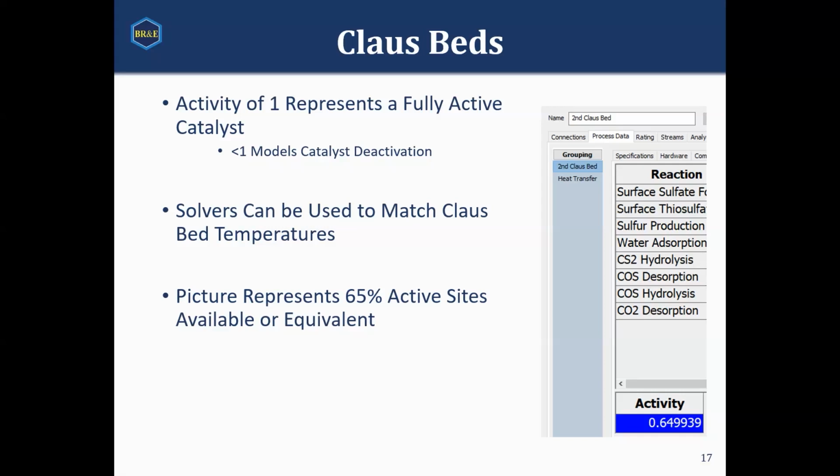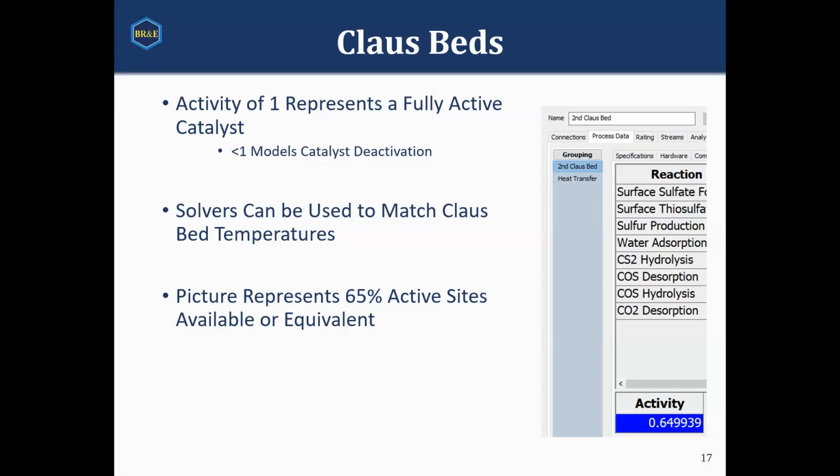You can use a solver on your activity to solve for an outlet temperature. And that can help you simulate and match your catalyst activity based off of the known temperature parameters that you have around your facility. In the screen grab on the PowerPoint, you can see that the activity cell is shaded in blue.